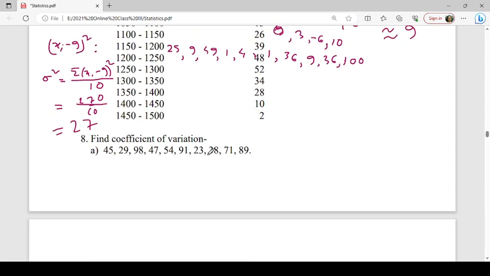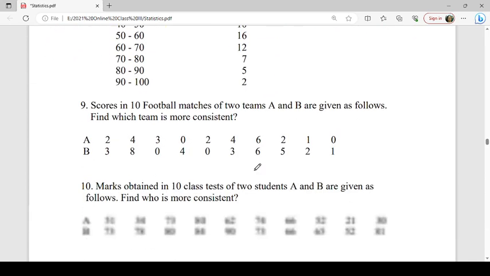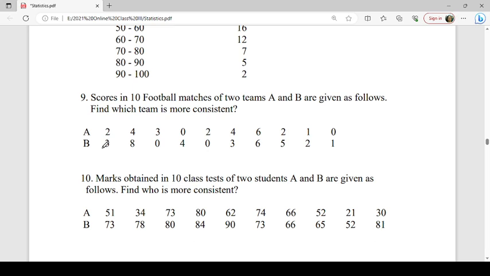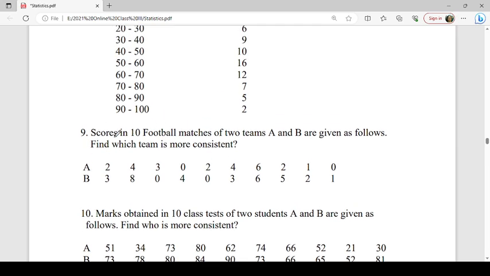Then coefficient of variation. So coefficient of variation formula is sigma by mean into 100. Find sigma, then mean, and then find this. So these are the examples for this. And this example is scores given below. So more consistent means you compare the values. So you will have different values here.